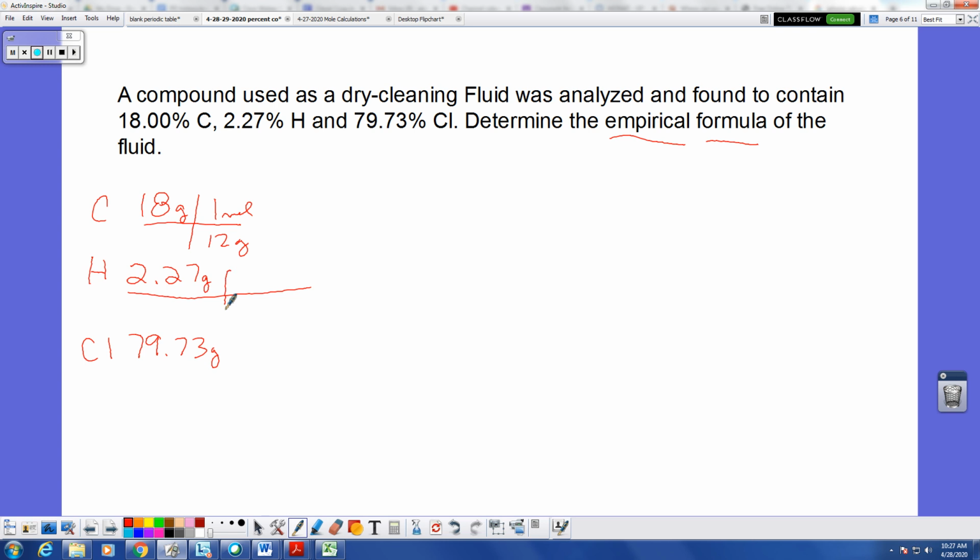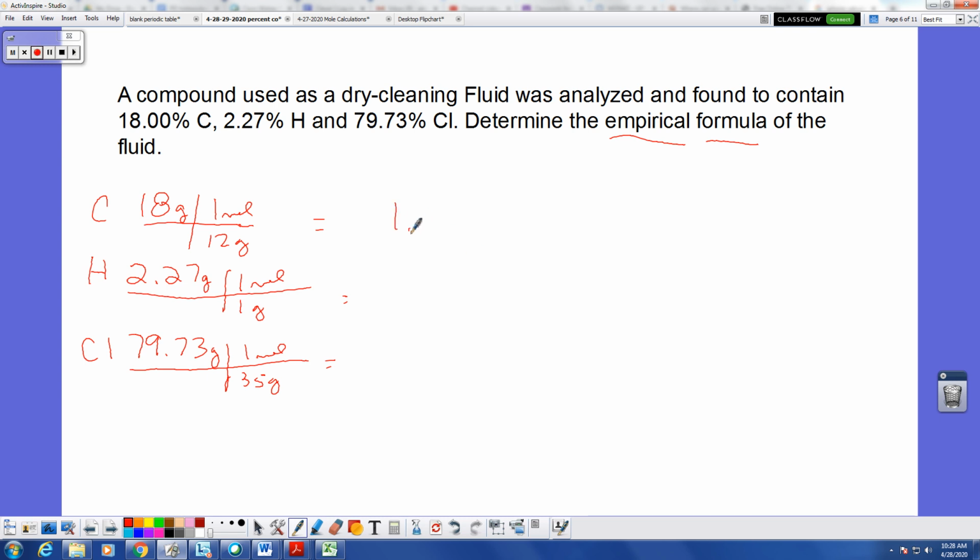This will be 1 gram in 1 mole, and this will be 35 grams in 1 mole. Now, when you do this division, you're going to need to keep a couple of decimal places, like 2 or 3 or 4, and be consistent as you go down your page.